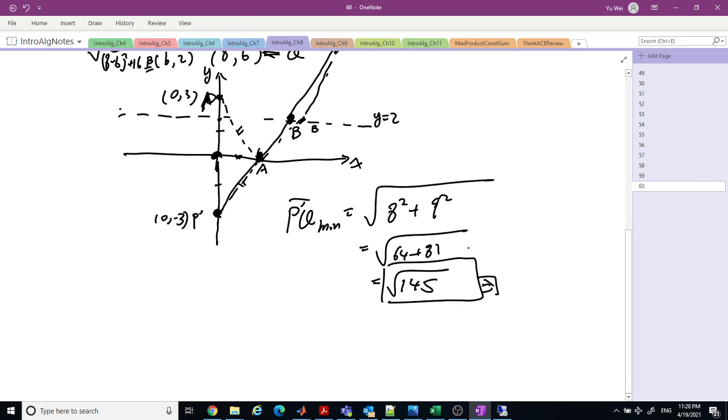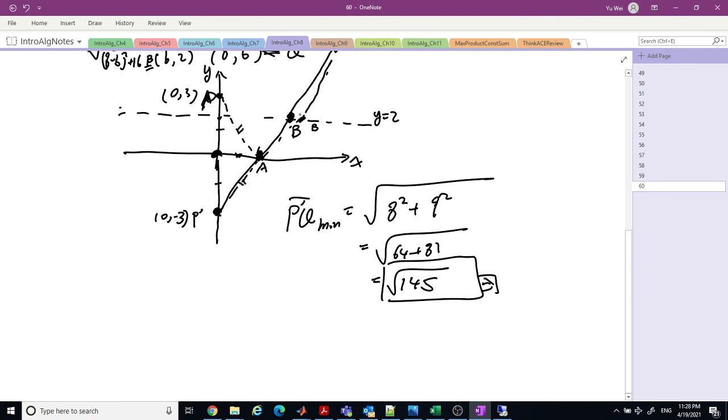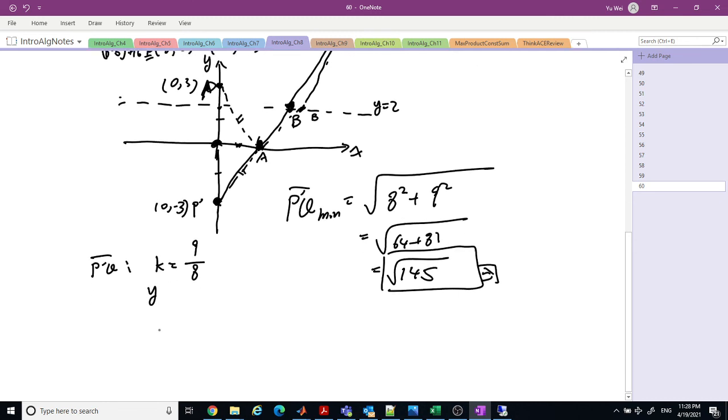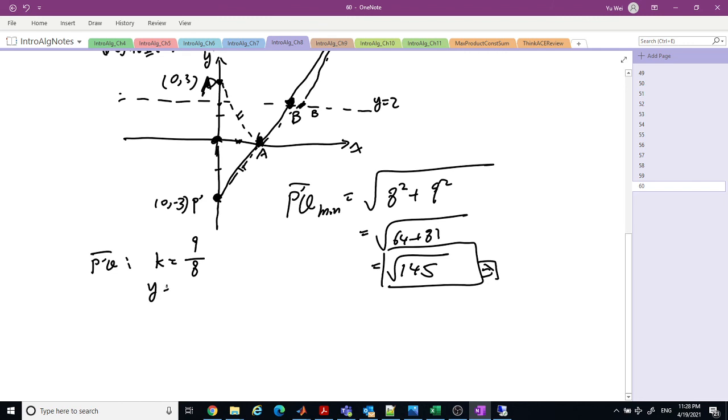And also, let's solve for where A and B are. Based on P prime Q, we can solve for this line. The slope of this line is 9 over 8. So this line is y plus 3 equals 9 over 8 x.